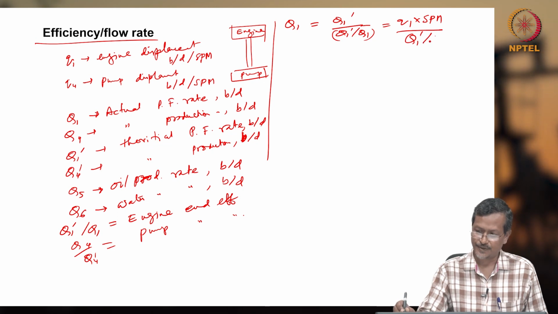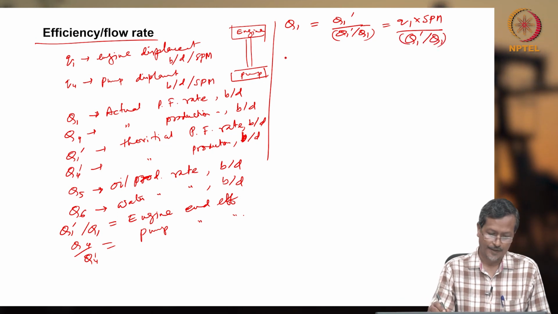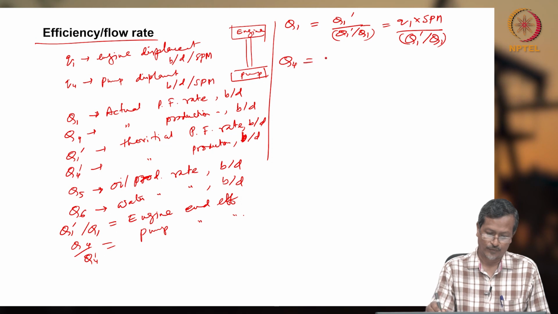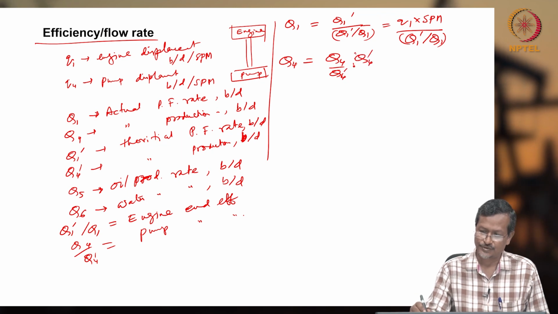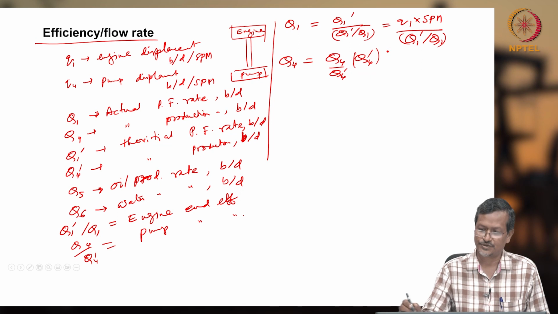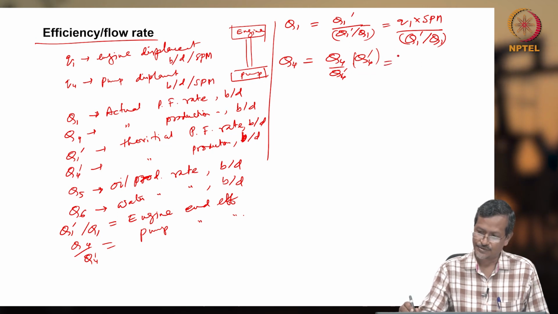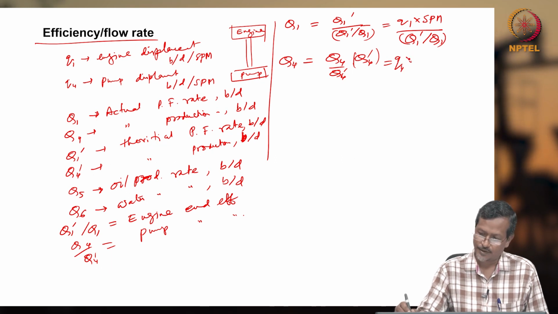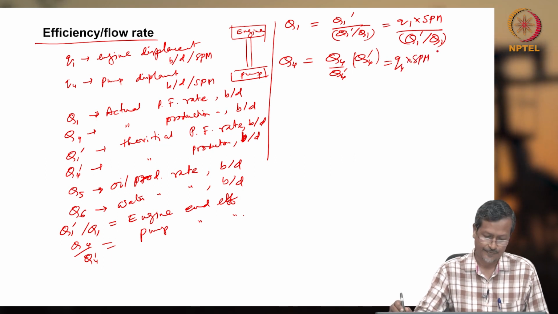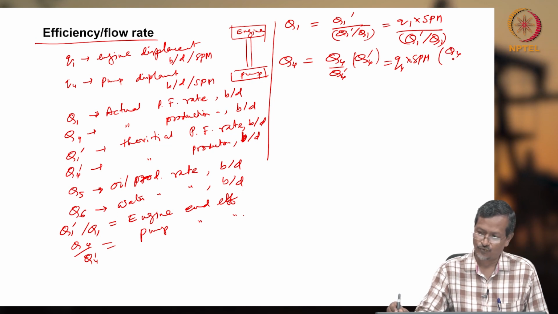And Q4 equals q4 into SPM divided by Q4 dash by Q4. Same thing I am writing, only this one is changing.